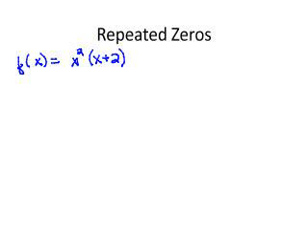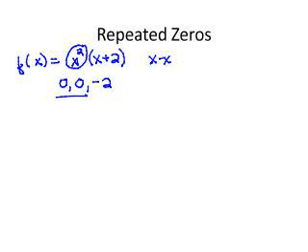So here the repeated zeros of this one are 0 and 0, whereas the single 0 is negative 2. So these are called repeated factors, because that x squared means we have x times x, times x plus 2. So if you're repeating factors, you're repeating zeros.